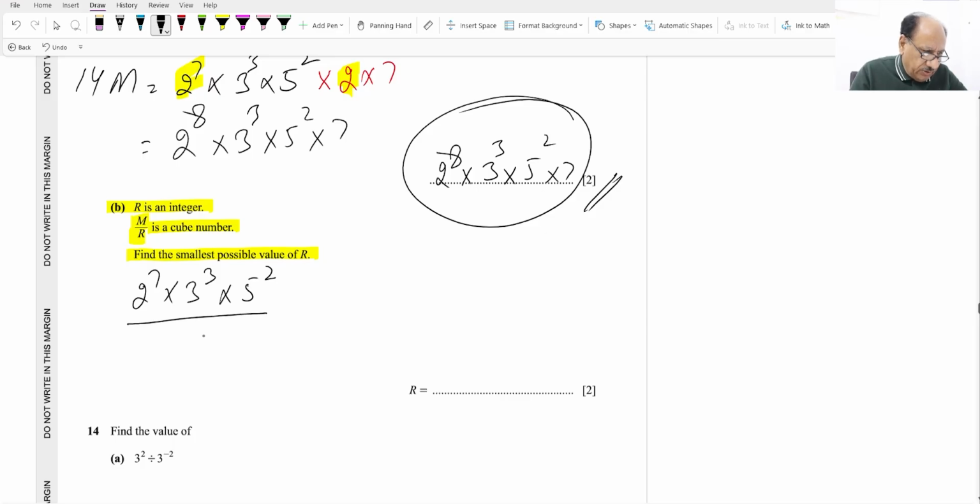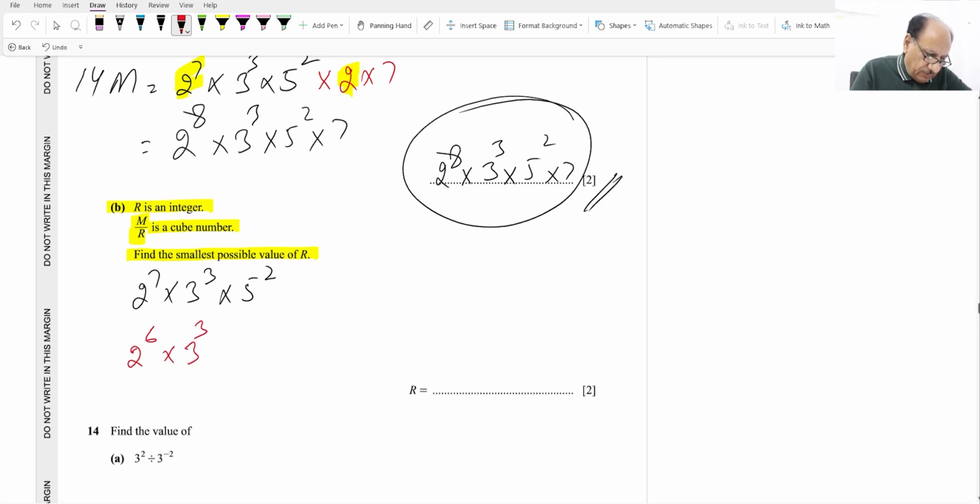Cube numbers are, for example, 2 raised to the power 6 will be a cube number, and 3 raised to the power 3 will also be a cube number.